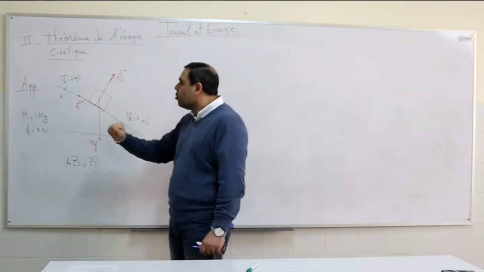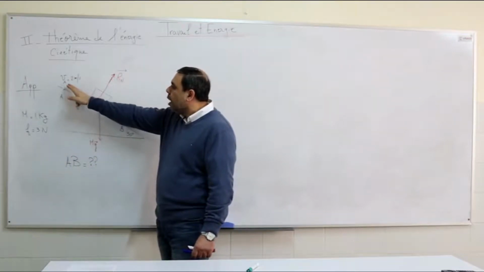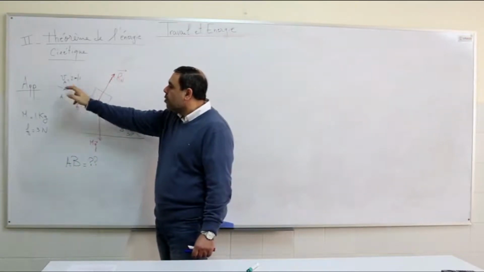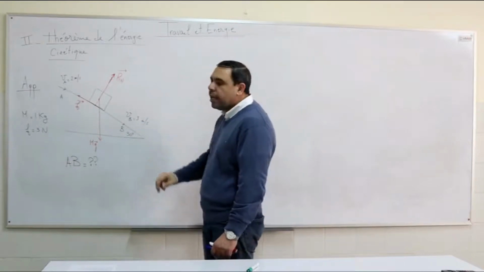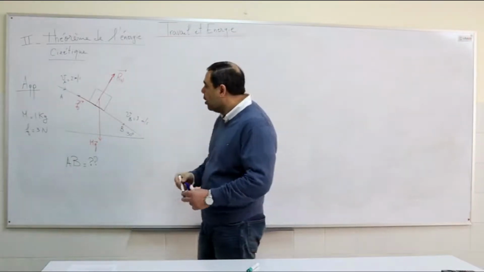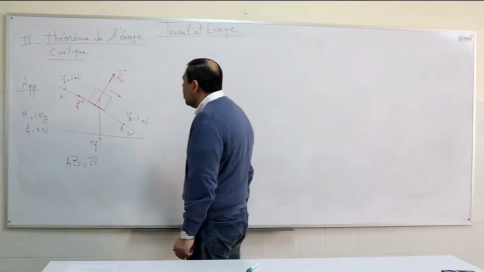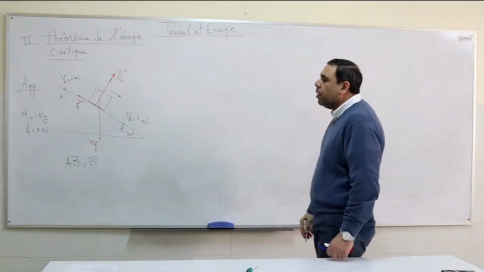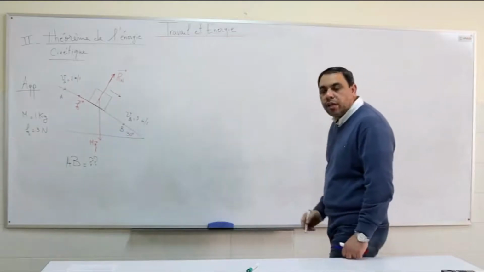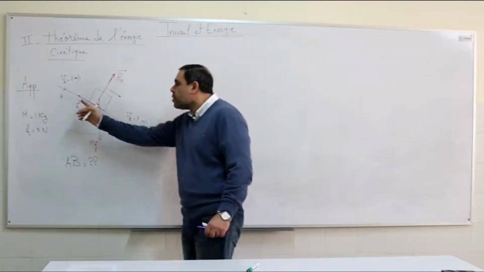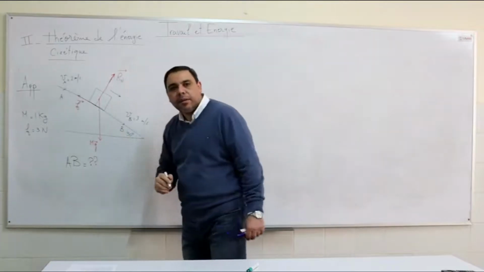The box leaves point A with a speed of 2 meters per second and reaches B with a speed of 3 meters per second. We want to find the distance between points A and B by applying the kinetic energy theorem.